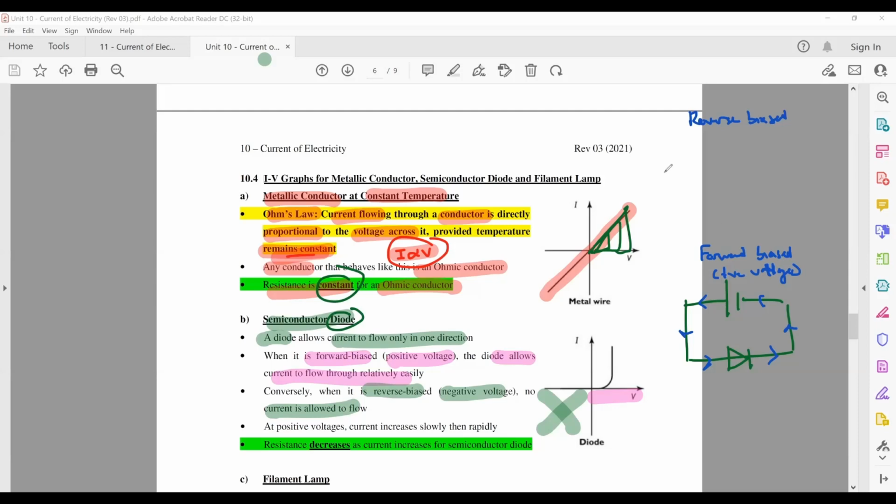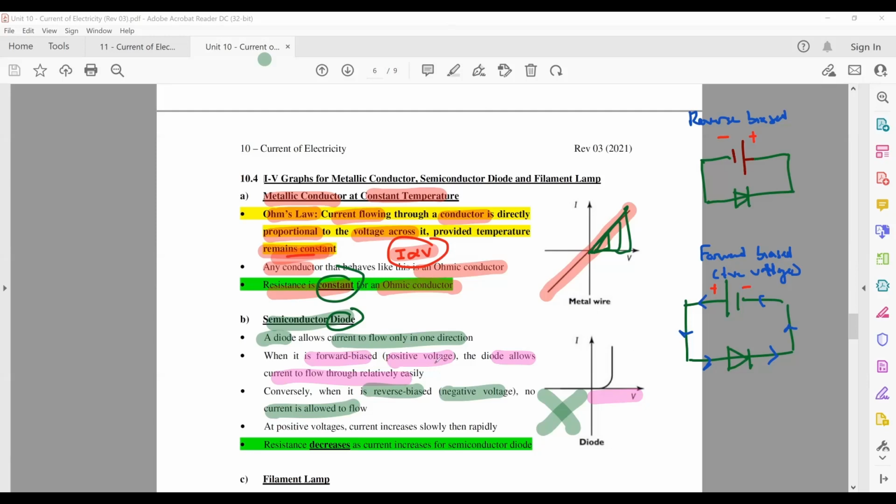Now, when you have reverse bias, you again still have the diode like this. But what is happening here is that you reverse your battery polarity. This one was positive, negative, right? Now you reverse it. This is negative, this is positive now. So basically you're getting positive, negative here.